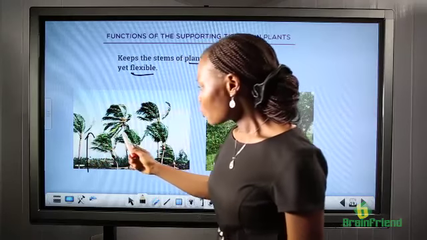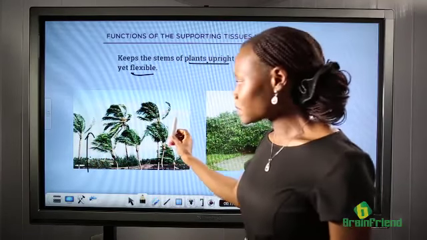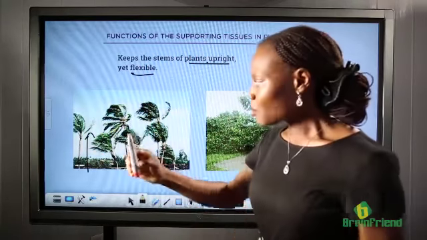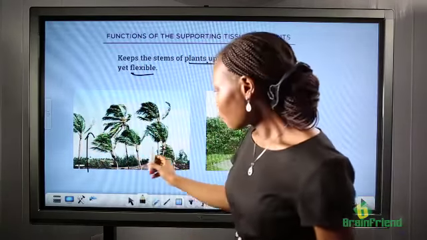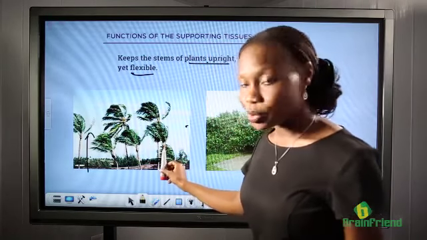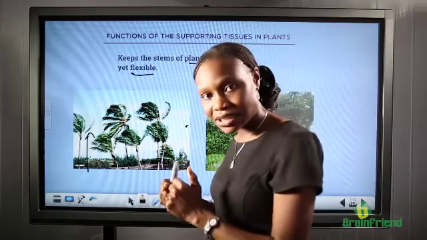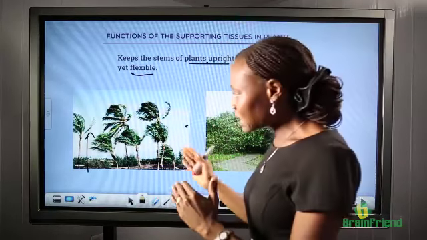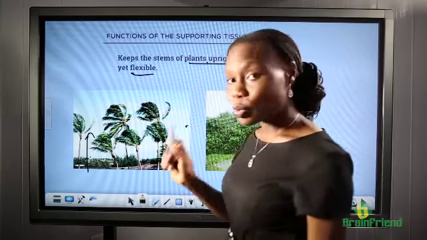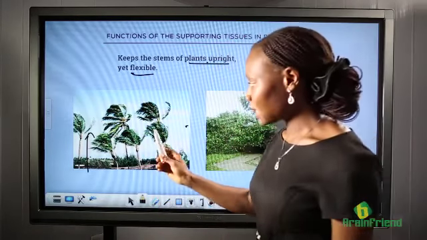Yet, when the strong wind comes, the plant doesn't break over easily because it is flexible. We can see that the wind blows against this. It's not breaking up, yet it's still standing. Maybe not upright, but it tilts a little. That's flexibility. That's what the supporting systems do in plants.